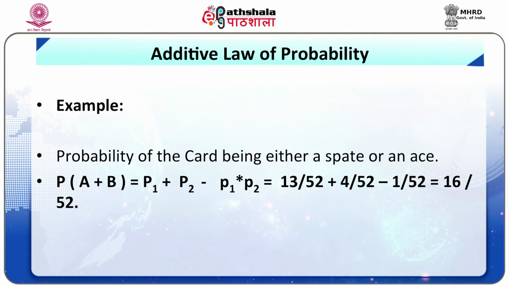The case A is that it is either a spade or an ace. Then the probability would be the probability of the first event plus the probability of the second event minus the probability of their joint occurrence.